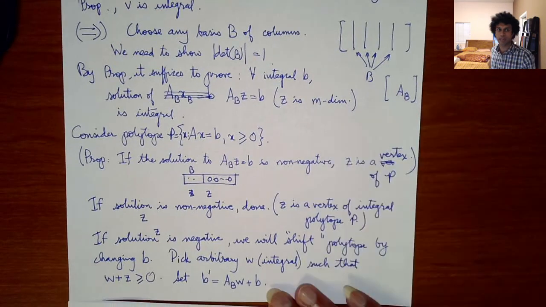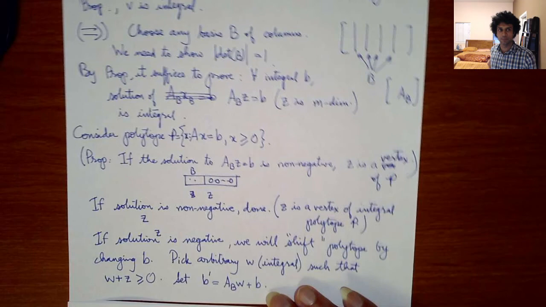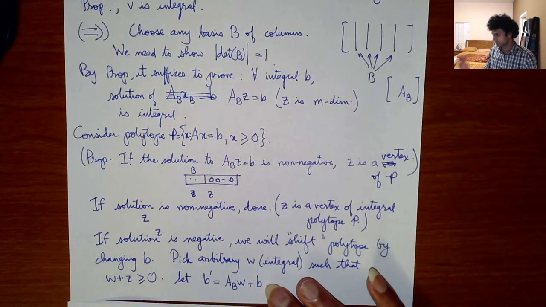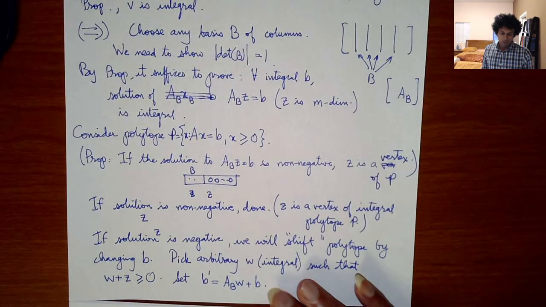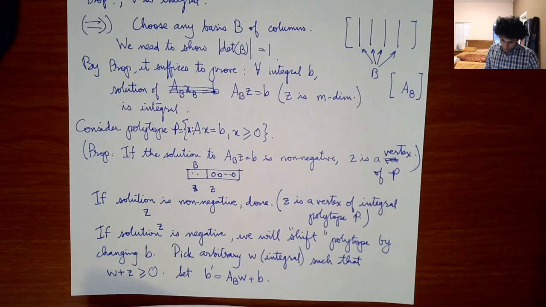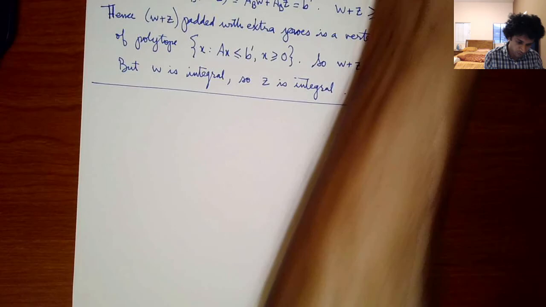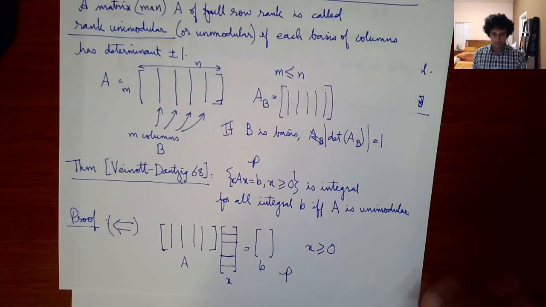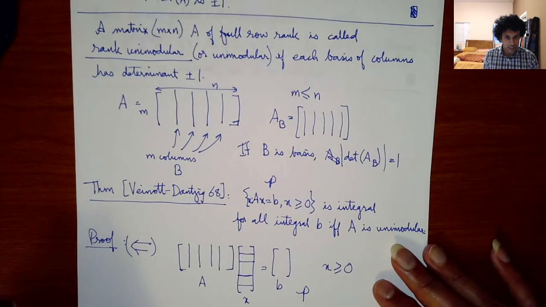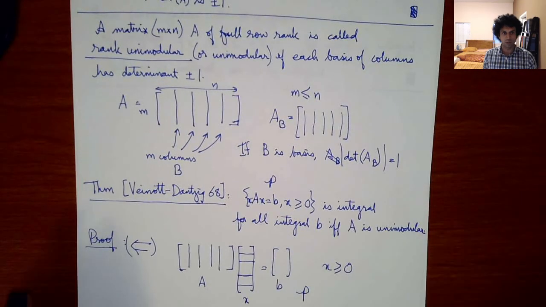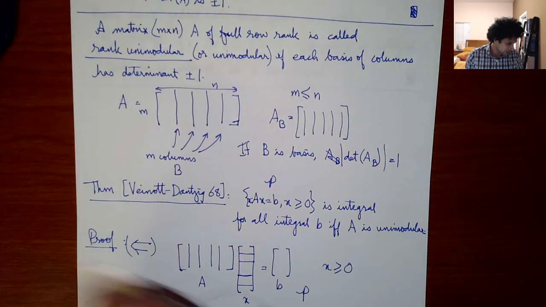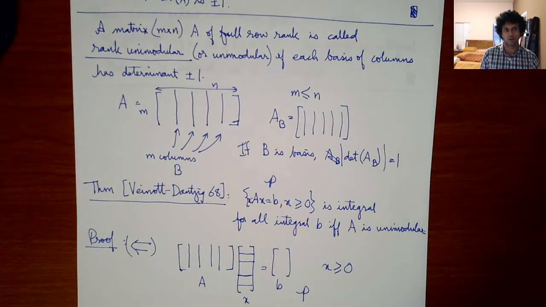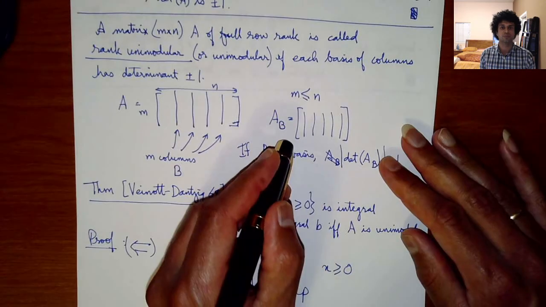The proof goes exactly by the theorem that I have over there. It's the same proof. So when you put all of this together, what you get is a proof of the Veinott-Dantzig theorem, which says that Ax = b with the non-negativity constraint is integral if and only if A is unimodular. And so from unimodular, it's actually not too far to get to total unimodularity, and I'll just show you the proof over here. Okay?